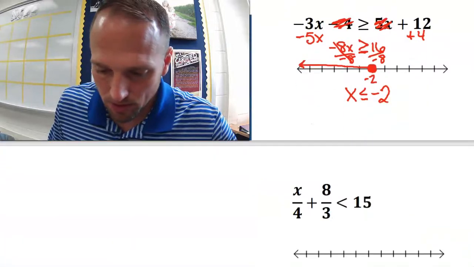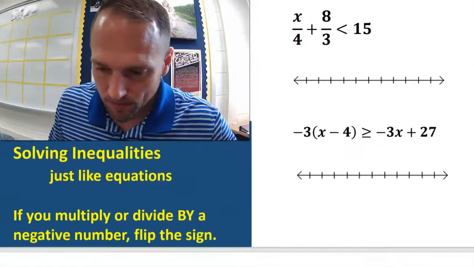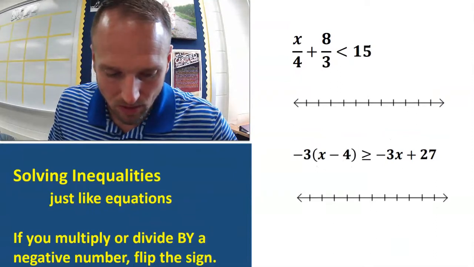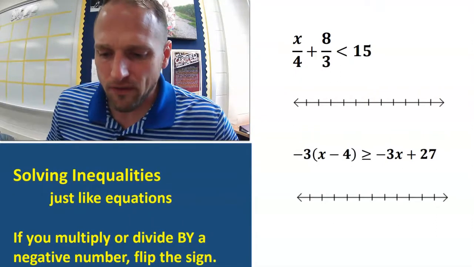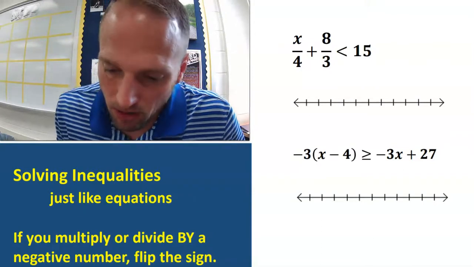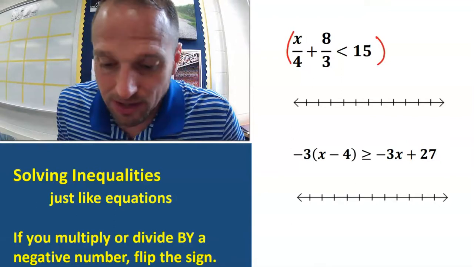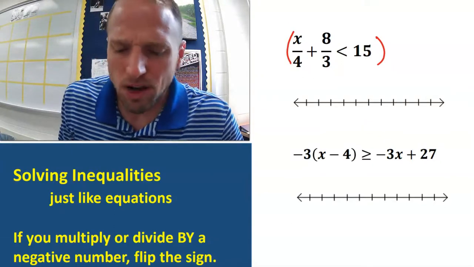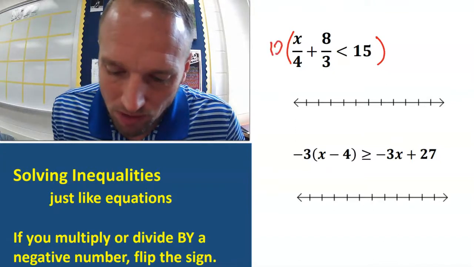Let's do another one. Okay, so we got fractions here. No problem. Let's just destroy those fractions. Let's clear them out. Let's multiply by the least common multiple of 4 and 3. That's going to be 12, right? We're looking for a number that we can divide by all of the denominators.